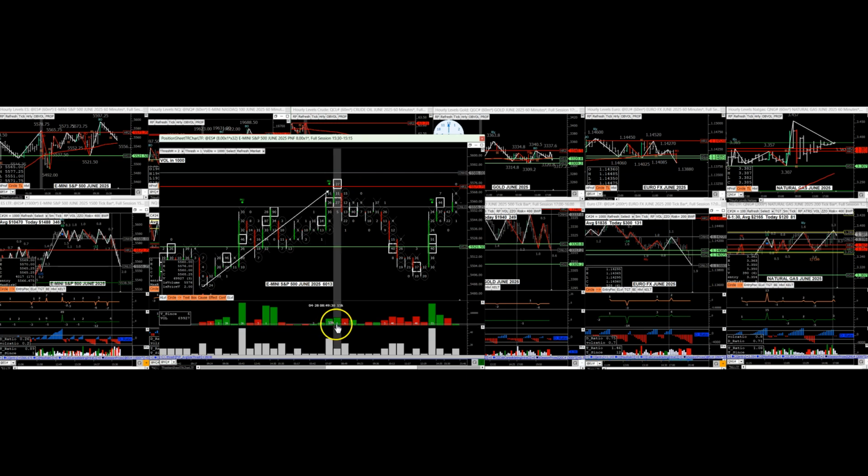So here's the effort and no result. Here's the high volume print. What can we say? We can only pass the first judgment that demand has encountered supply, but we have to ask, which scenario is going to occur?